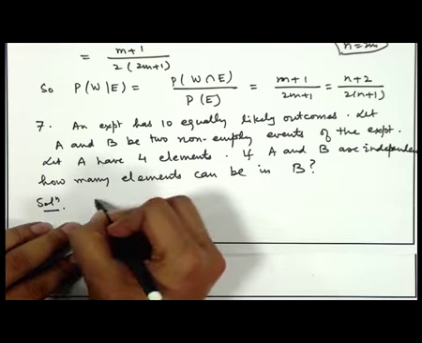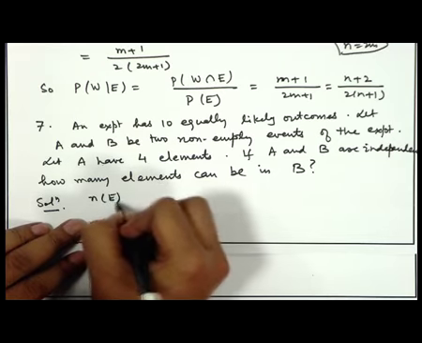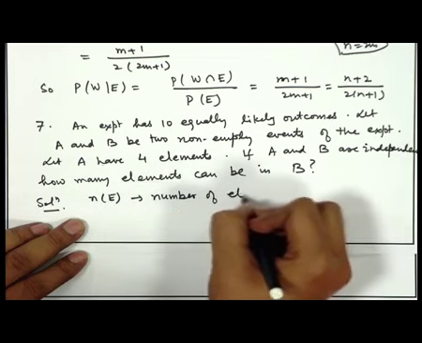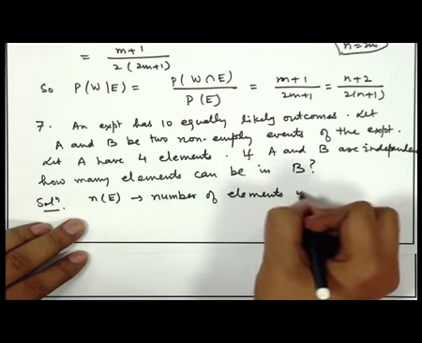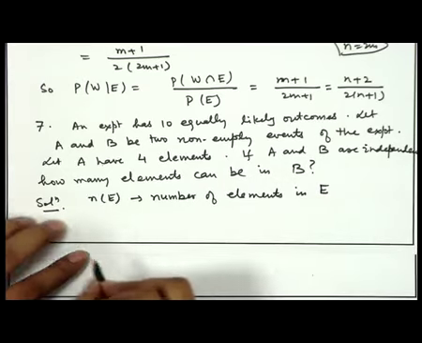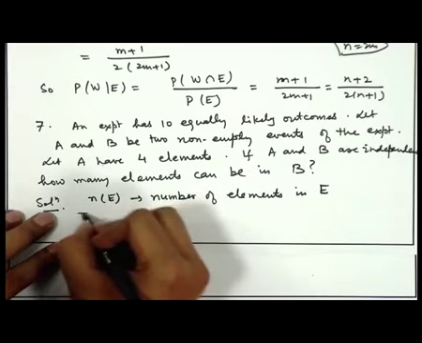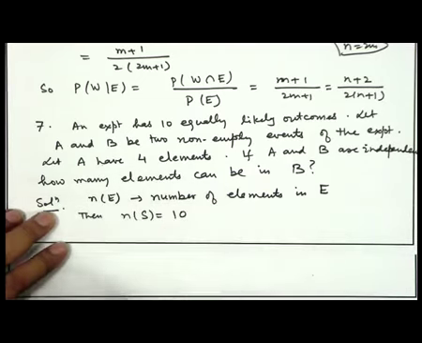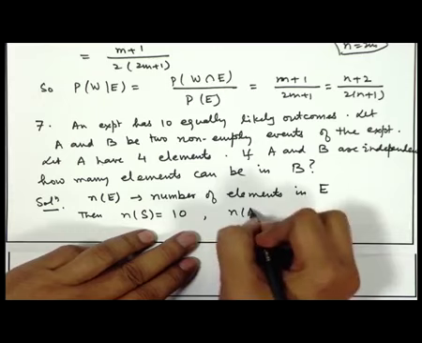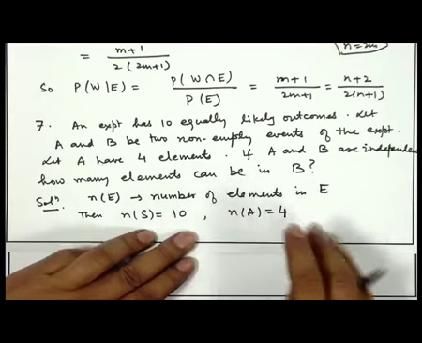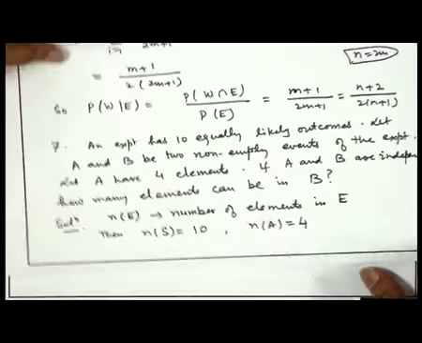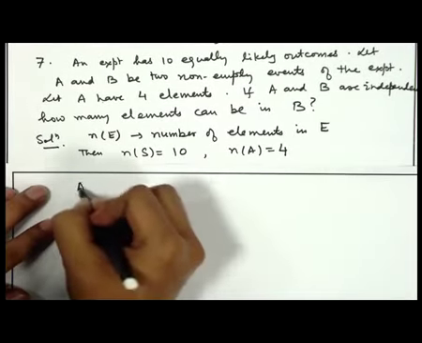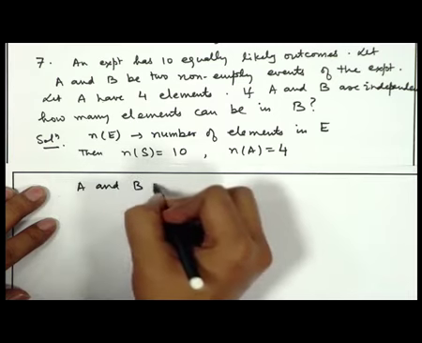So, if I use the notation N(E) to be the number of elements in E, then we have N(S), that is the number of elements in the sample space, is 10 and N(A) is given to be 4. Now, A and B are independent.